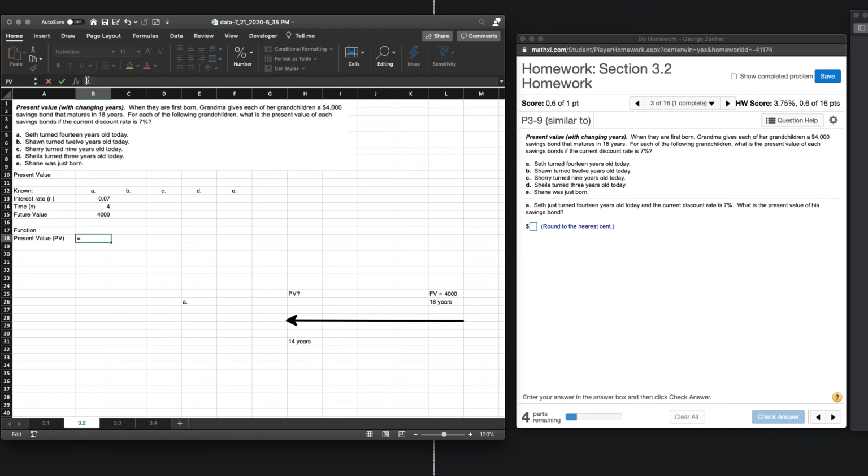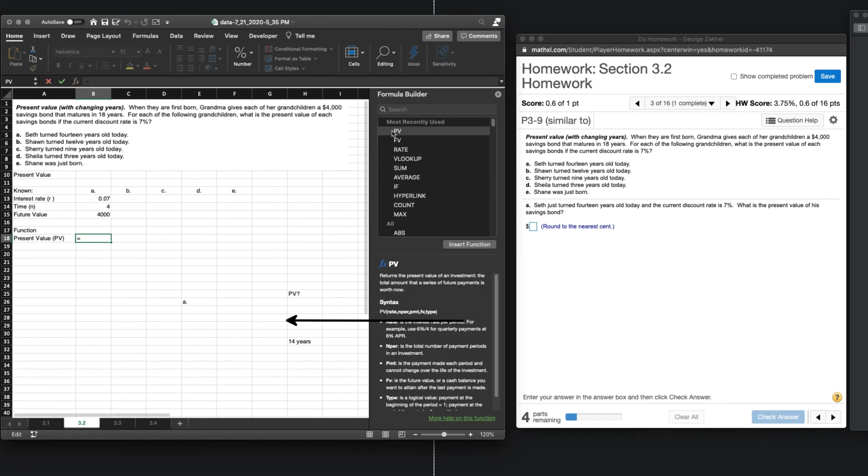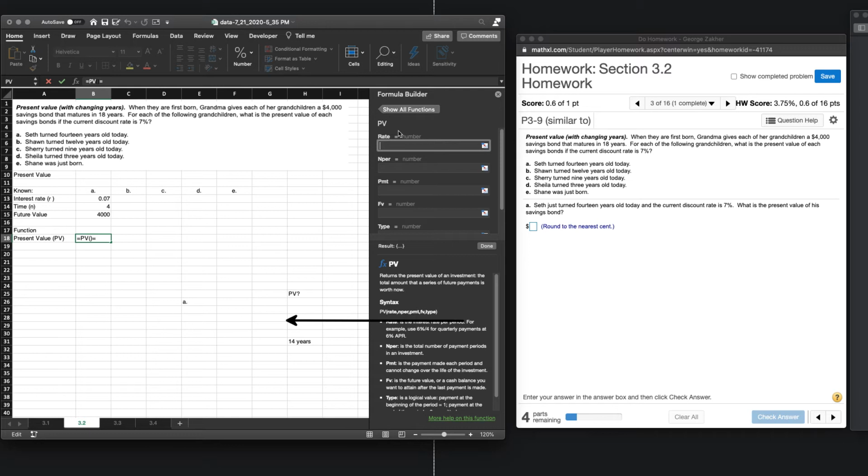Our rate is 7%. We figured out the time: 4 more years that will be discounted. There are no payments. The future value is 4,000, and the type remains 0.